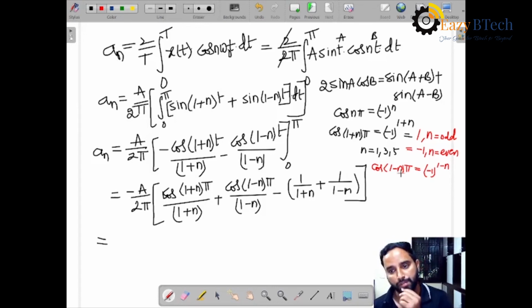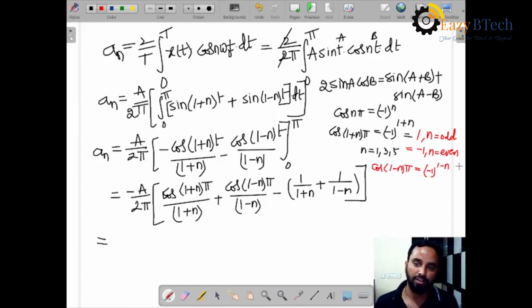Take odd and even. First think odd: n equals 1, (minus 1) power (1 minus 1) is (minus 1) power 0, which is 1. For 3, (minus 1) power (1 minus 3), (minus 1) power minus 2, which is plus 1.